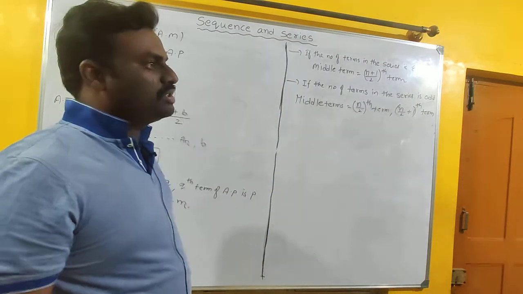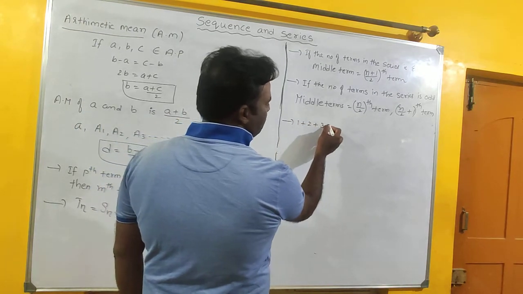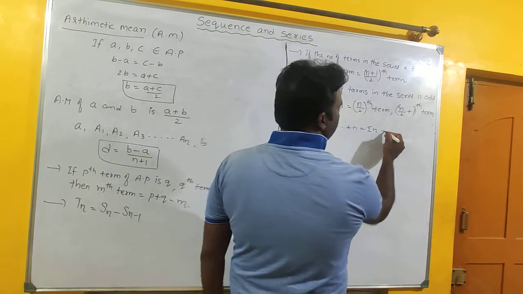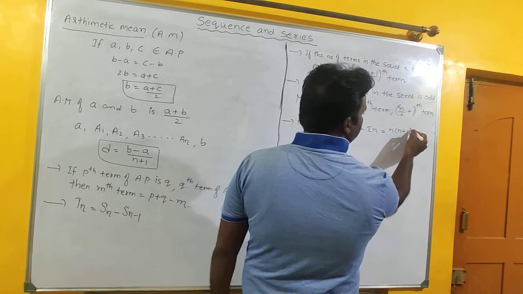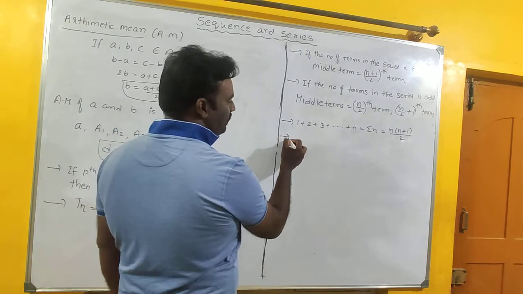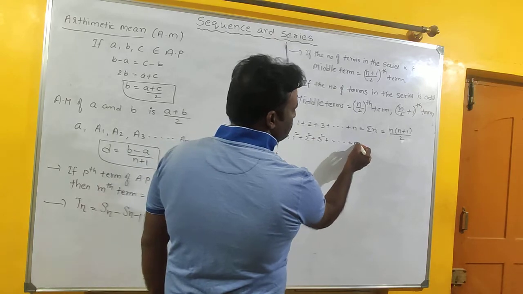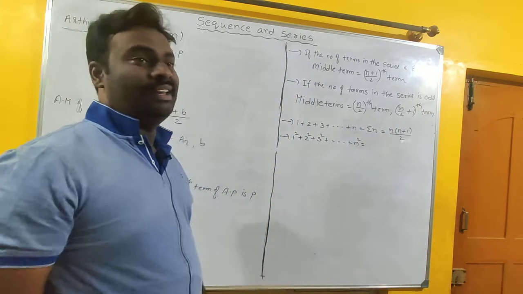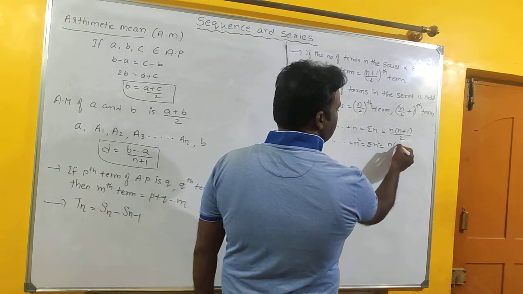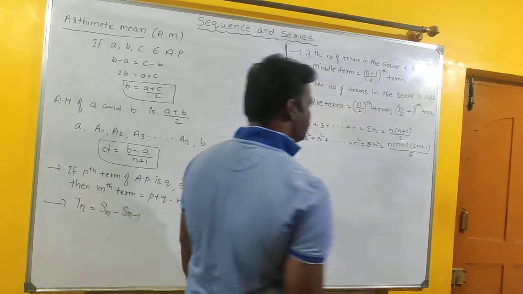Already we know some concepts. The sum of natural numbers 1 plus 2 plus 3 and so on can be written as sigma n. This formula is n into n plus 1 by 2. Similarly, the next formula is the sum of the squares of the natural numbers, 1 square plus 2 square plus 3 square and so on, n square, that is sigma n square, which is n into n plus 1 into 2n plus 1 by 6.